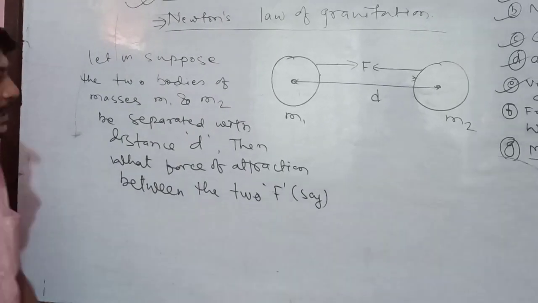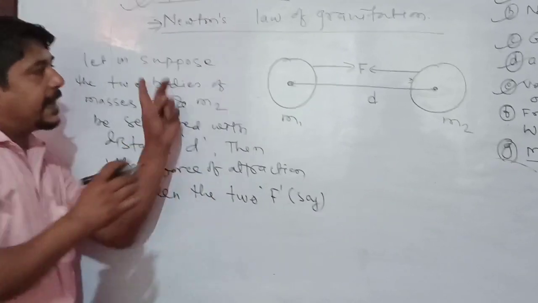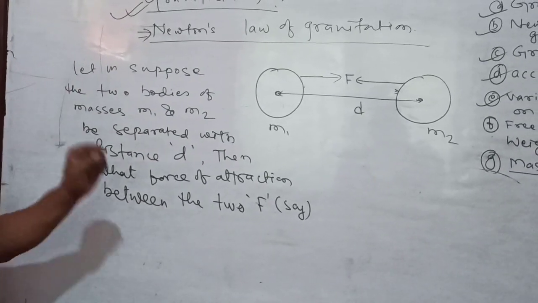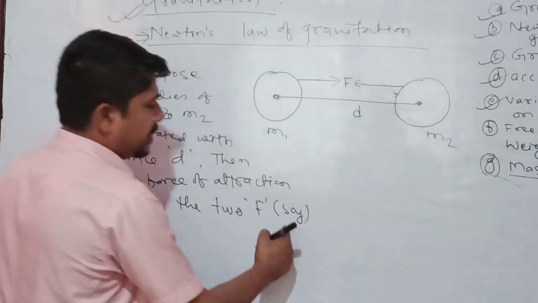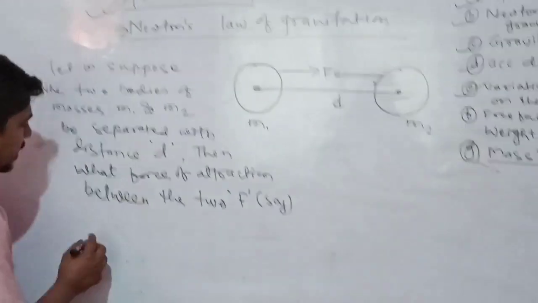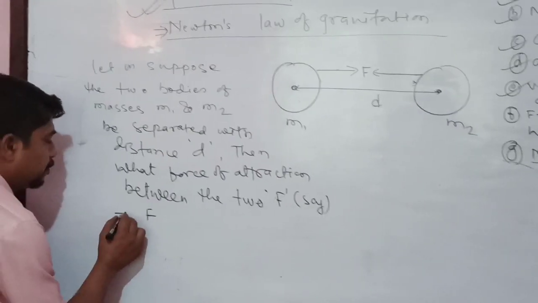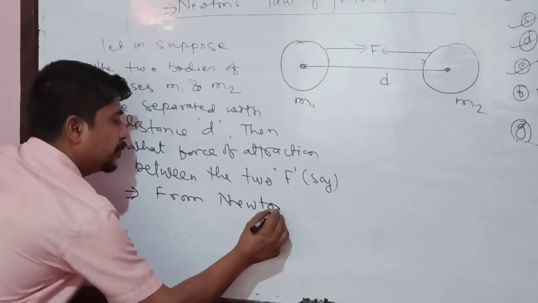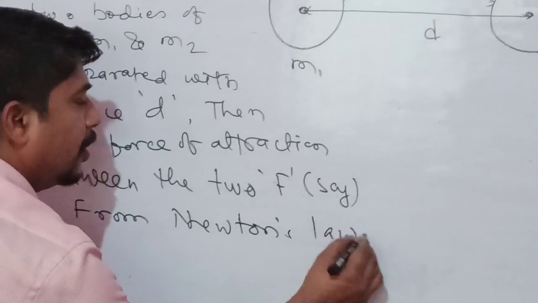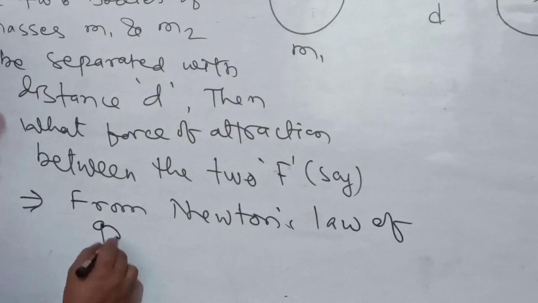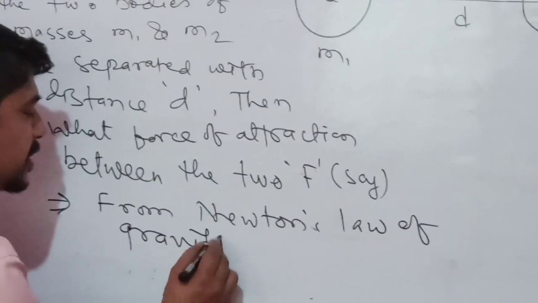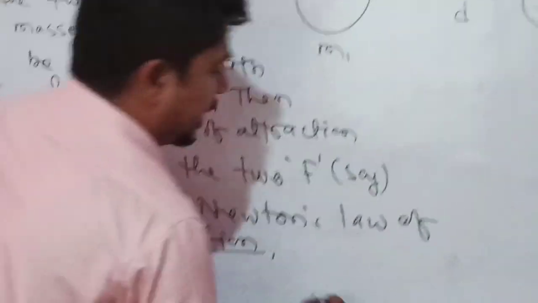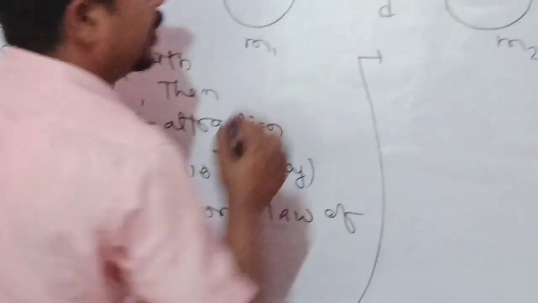Now we will move to the next. त्यही न्यूटन्स को दुईटा ल थियो, त्यहाँ force is directly proportional to product of their masses. त्यही कारणले what we can write is, from Newton's law of gravitation we can write two things.